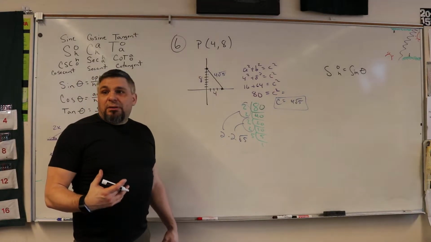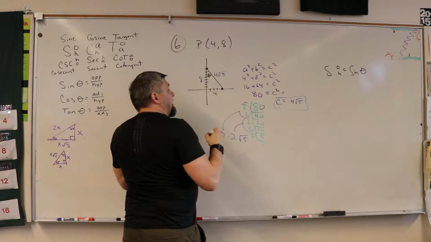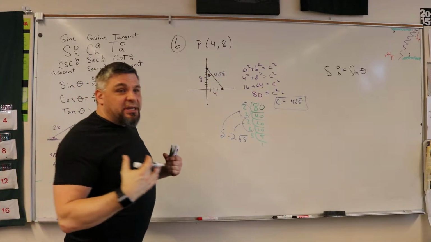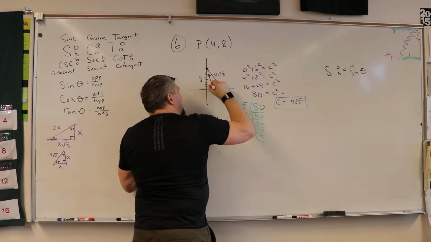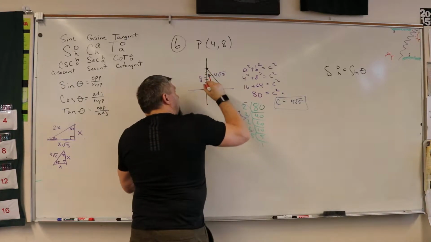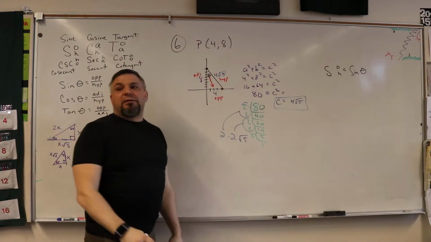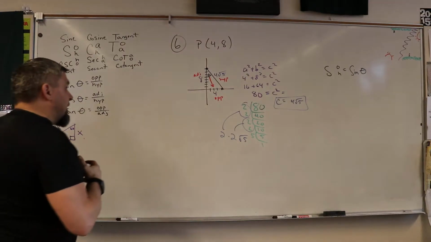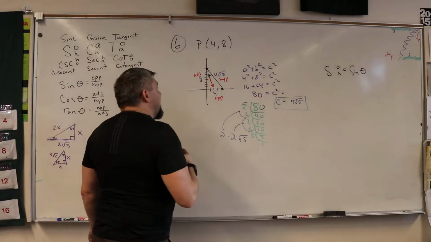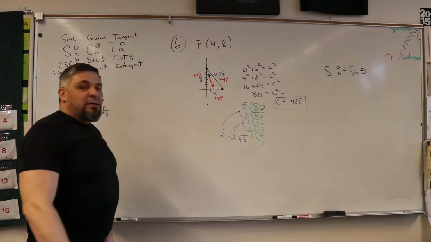You want this one? Theta? Because it matters. Because then we're taking it from this point of view. We're going to say opposite, adjacent. The hypotenuse is always going to be that, right? It's the opposite and adjacent that matters. Does that make sense? Okay? So that means that 4 is our O, 8 is our A, right?